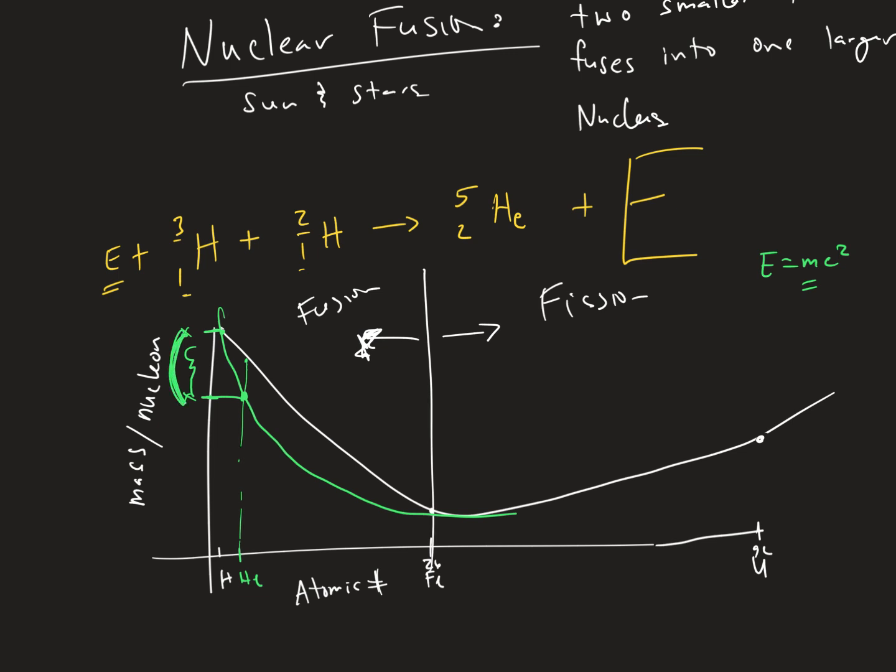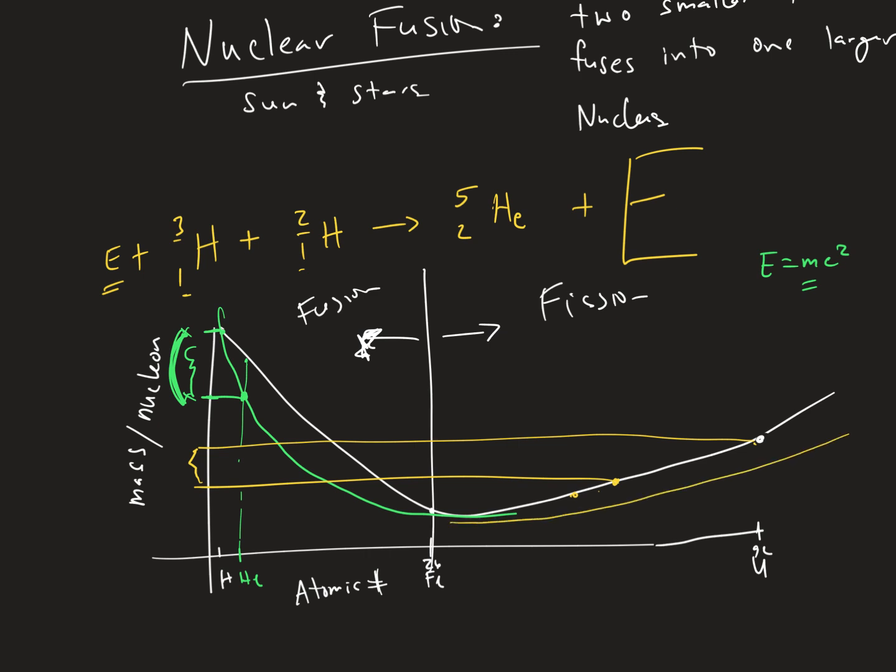If we do this with fission, so this breaks into maybe this one and this one, for example. So we started with this, and we ended with, and I didn't draw these to scale for sure, a lot less energy than fusion. Because this curve more goes like that.